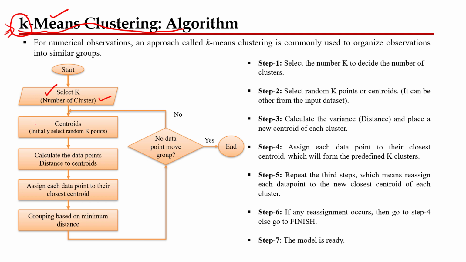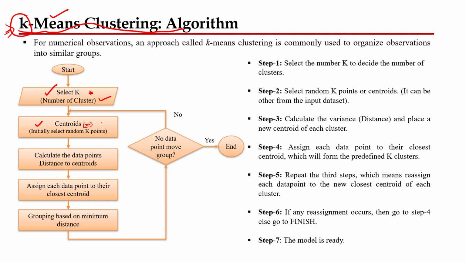Then the next thing is, based on the number of clusters, we need to decide, for every cluster, what would be the center point, which means the initial center point. Initially we will take any k data points. Because we decided, let's say, k is two clusters, we are going to select any two data points as the centers.